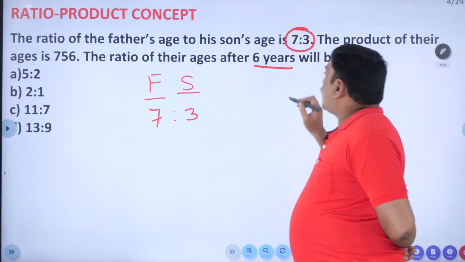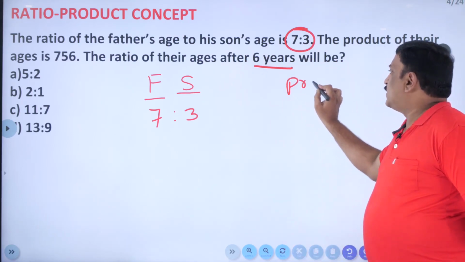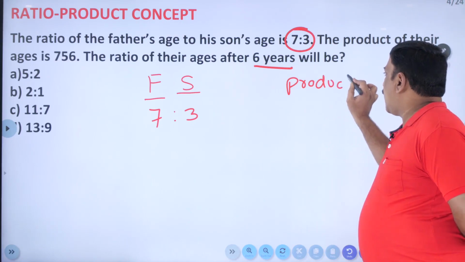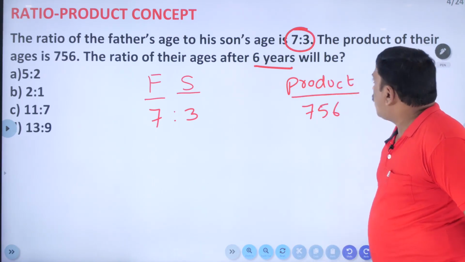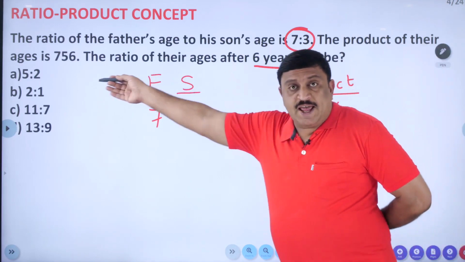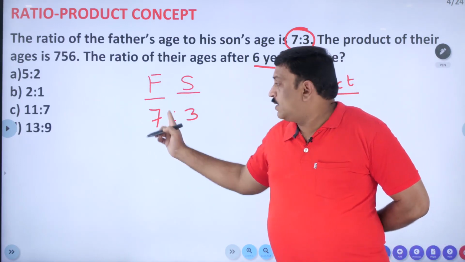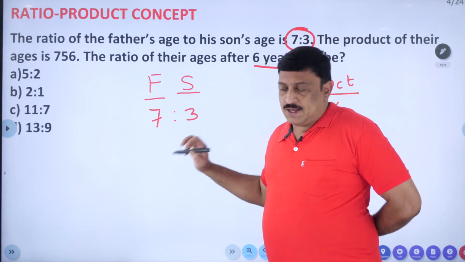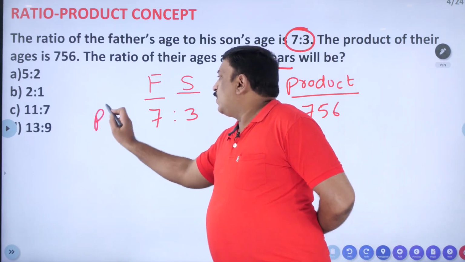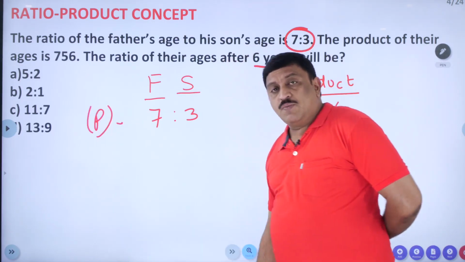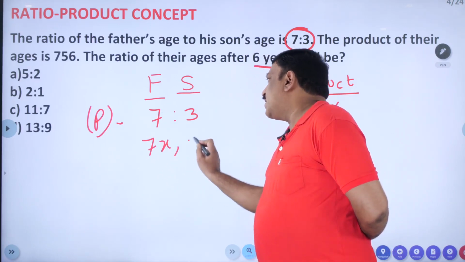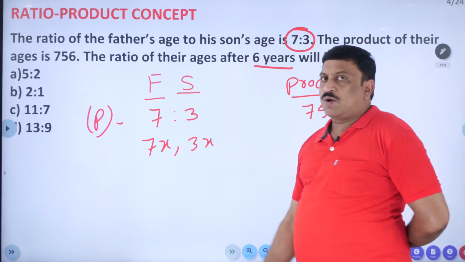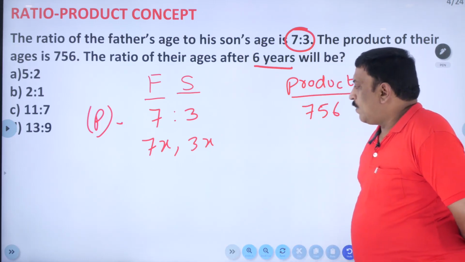But the product of their ages is given, that is 756. The product of their ages means their present ages, and this is the ratio of their present ages, so we'll go with this directly. So the present ages will be 7x and 3x, both multiplied by the common element x.